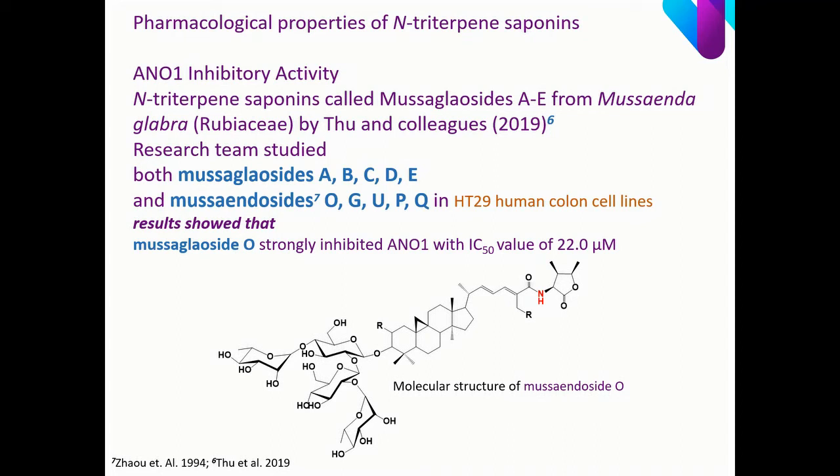The research team tested both mucoglaucosides A to E and mucoglaucosides O, P, and Q in human colon cell lines. Results show that mucoglaucoside O strongly inhibited the anoctamin with an IC50 value of 22 micromolar.